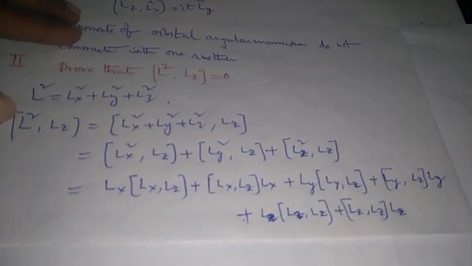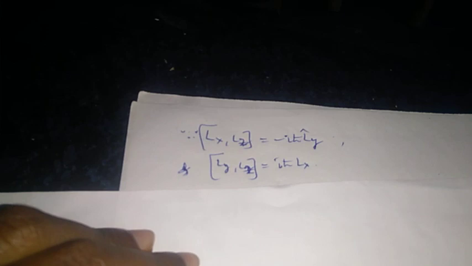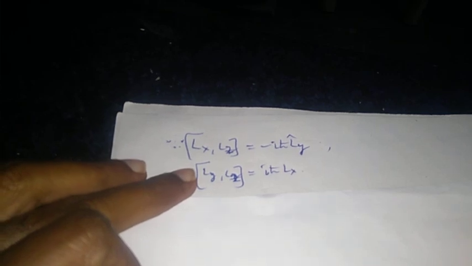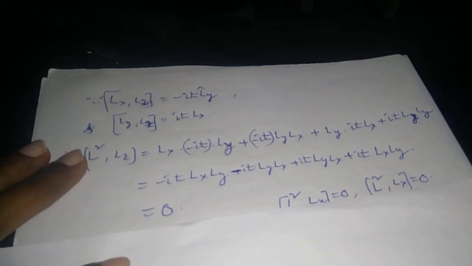And of the 6 terms, the last 2 terms will actually be 0. The remaining terms have the commutators of Lx with Lz and Ly with Lz, so we get these as answers. If you substitute them and simplify, you will see that it turns out to be 0.